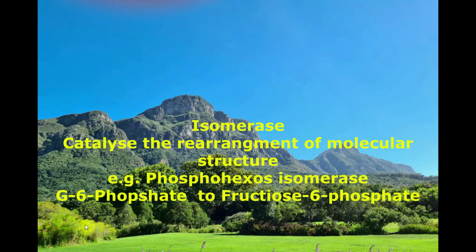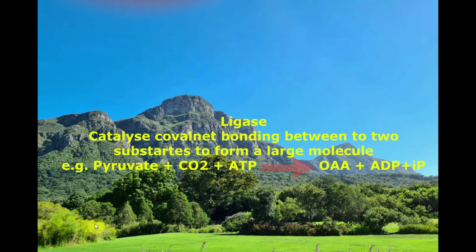Then the last one is the ligase. What reaction is it catalyzing? It catalyzes the formation of a covalent bond between two substrates to form a large molecule. The energy for this reaction is derived from ATP.